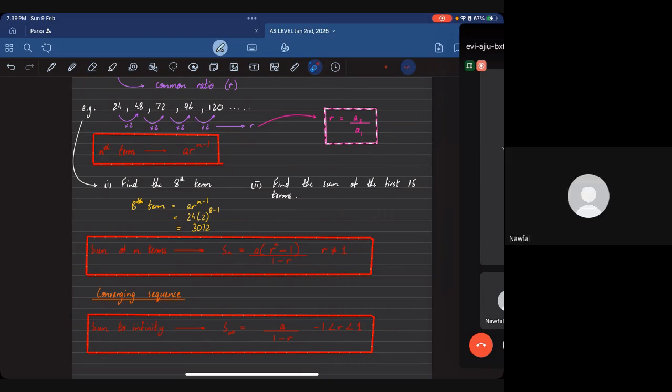Sir, also can you post this notes link? I also messaged you on WhatsApp, but you did not see it. Oh, sorry, let me check. I messaged you about where I can find all these notes. I think it was in the old classroom link maybe. Apologies, Nofal. I completely did not see it.